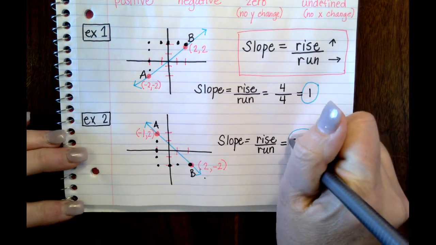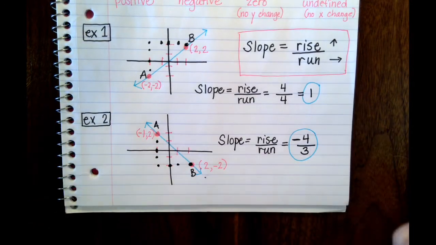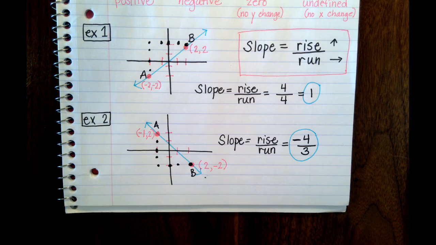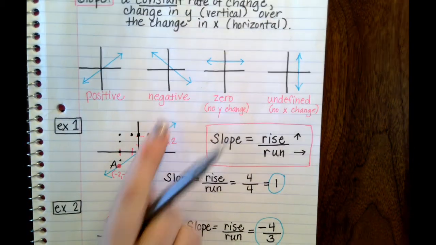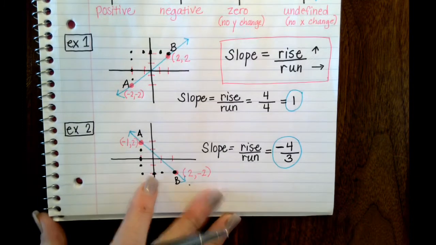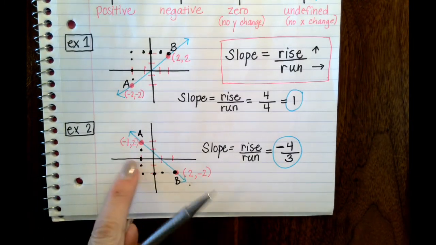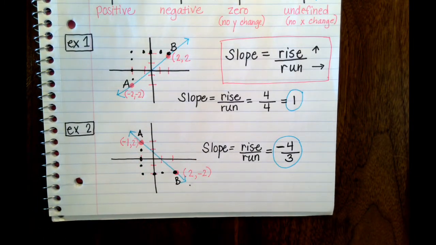You always want to leave it as a single number over another single number, even though this is an improper fraction. What we're going to say is this slope is a -4/3. And it did come out as a negative number, right? Showing that that direction, it is headed down as we go from left to right.